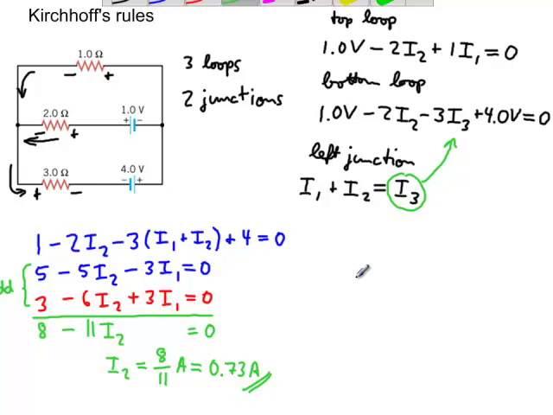So the top one is going to say 1 minus 2 times 0.73 amps plus 1 I1 equals 0, and then I solve for I1.